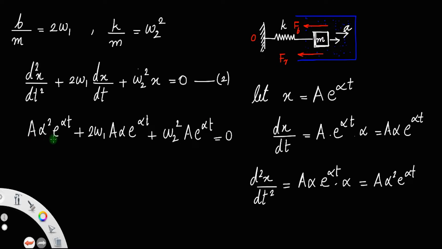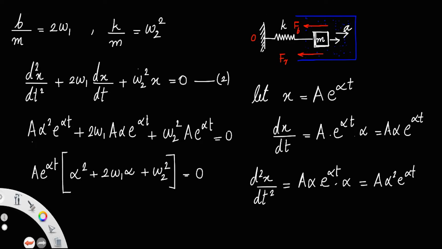Now you can take this a e raised to alpha t common. So a e raised to alpha t times alpha square plus 2 omega 1 alpha plus omega 2 square equal to 0.